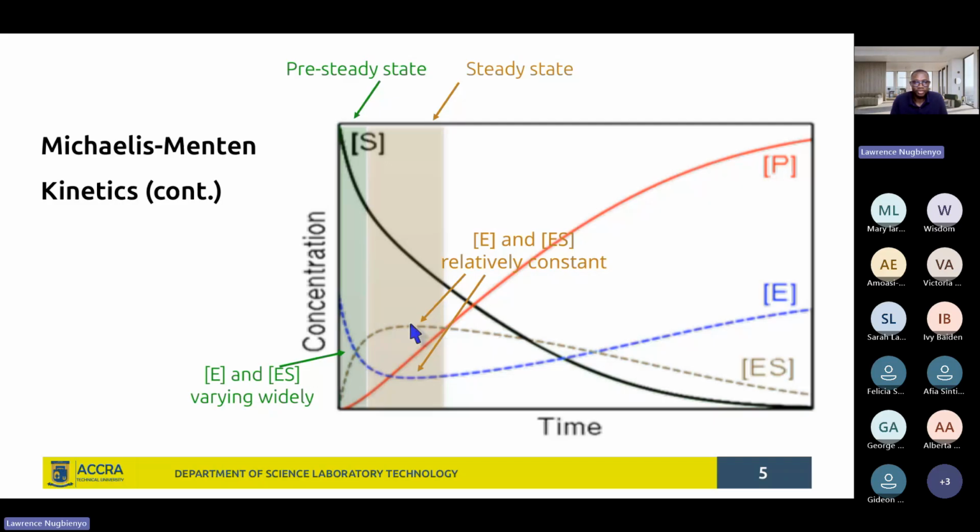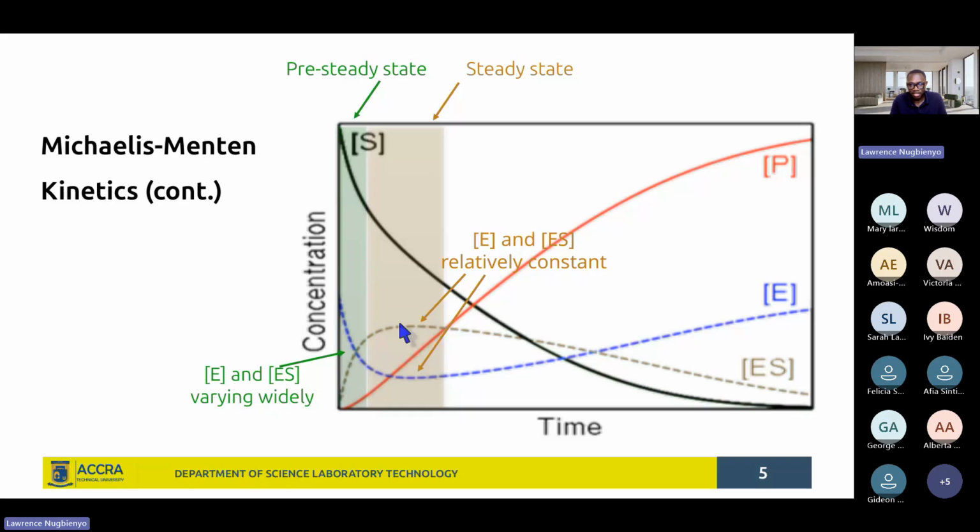When we were looking at the influence of the concentration of substrates, we saw there was a saturation curve. So it's a similar thing you are seeing here, that at a certain point you have an enzyme substrate complex formed and the concentration is almost constant.